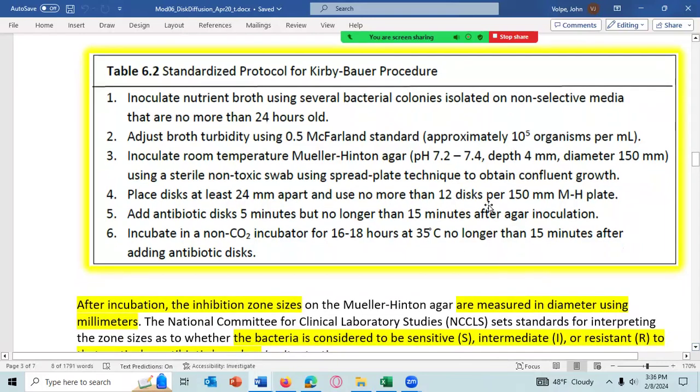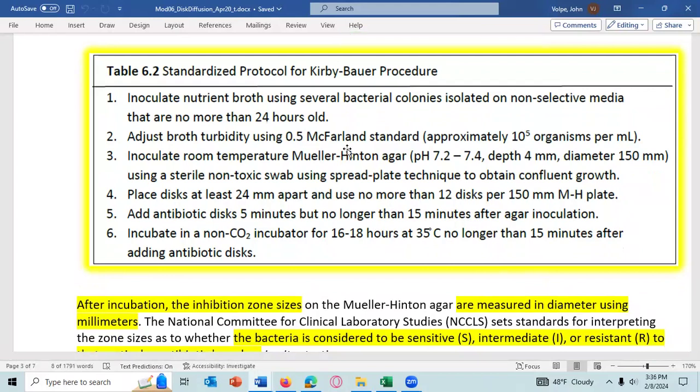All right, so we use the standard protocol so that whoever is doing the test, assuming they're using the same antibiotic and the same bacteria, they should get very similar results in the sizes of the zone of inhibition for the different antibiotics, regardless of where they are in the world.